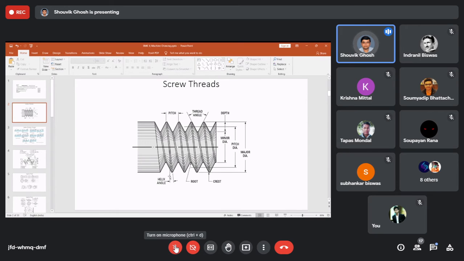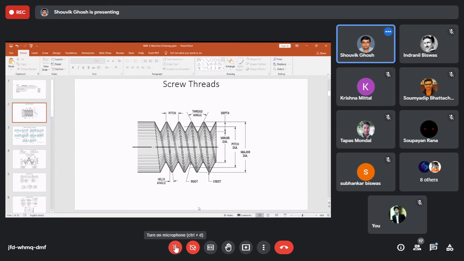This is basically the angle of the screw thread with the normal to the axis of the screw. This is the axis of the screw, and this is the normal to the axis. The angle this screw teeth is making is the helix angle.